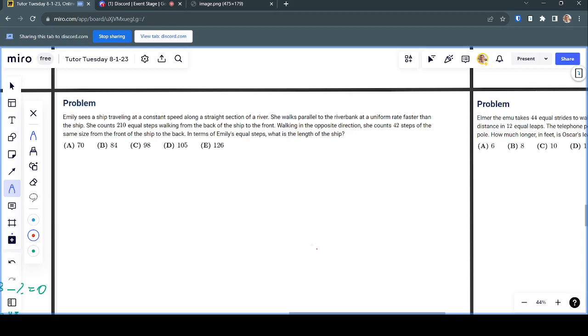Okay, so let's just start defining some variables here. So we could do something like x is equal to the length of the ship. And we can think about the scenario of moving forwards first.